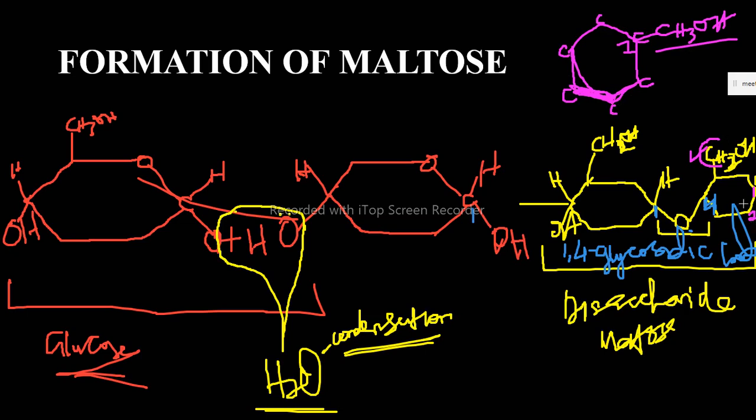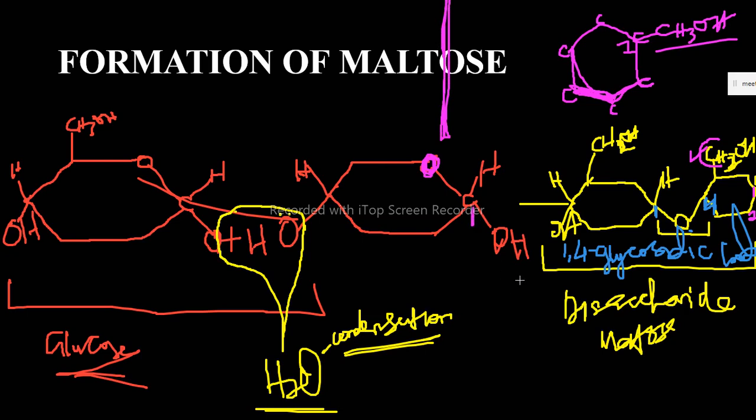But you see, our ring is a heterocyclic compound, whereby in the ring you have oxygen. So our carbon 1, in our straight chain, our linear structure, is retained as carbon 1.